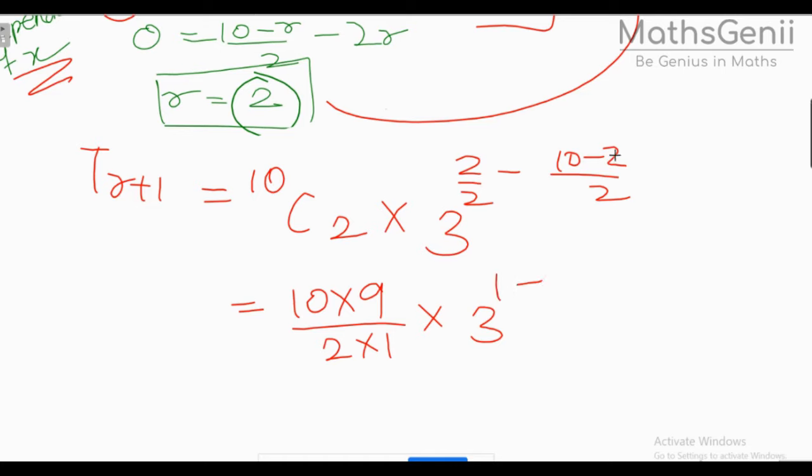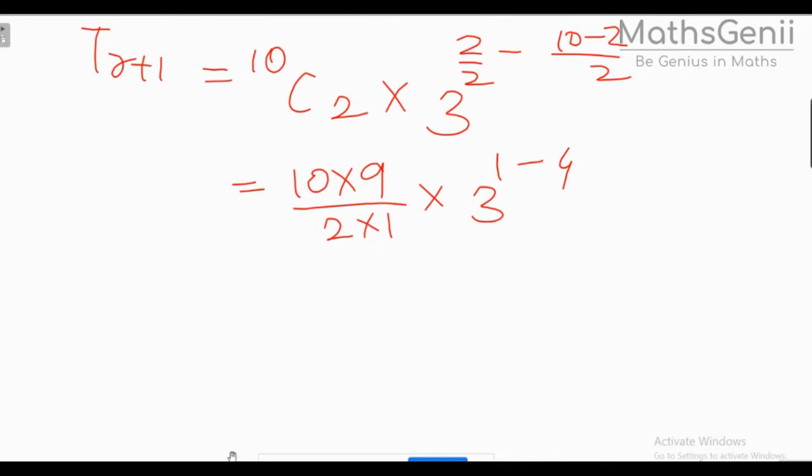This is 1. 10 minus 5, 8. 8 upon 2, 4. Then you have 2 ones are 2, fives are 5. And you have 3. 1 minus 4 is minus 3.